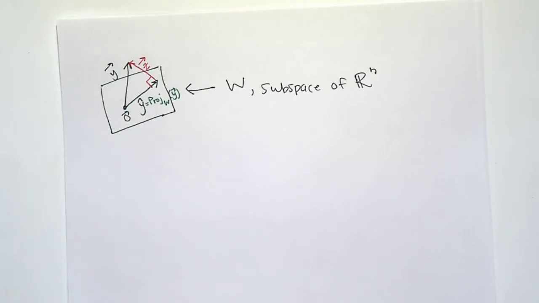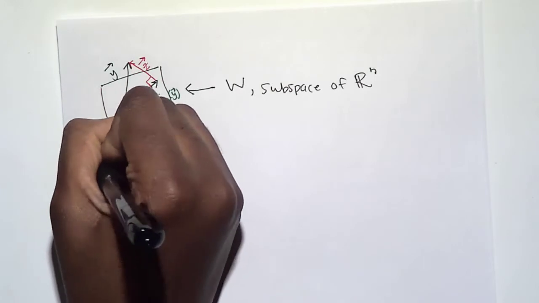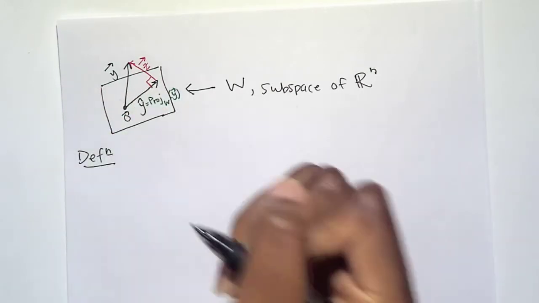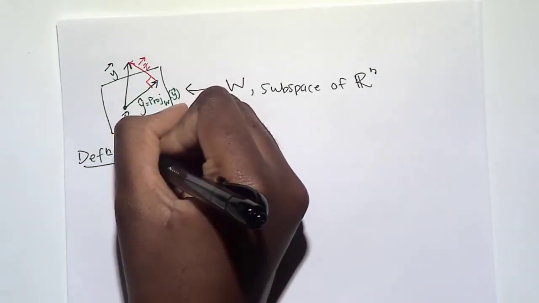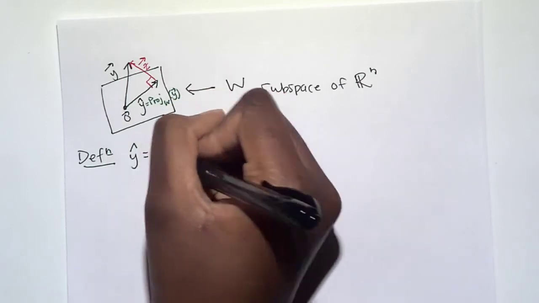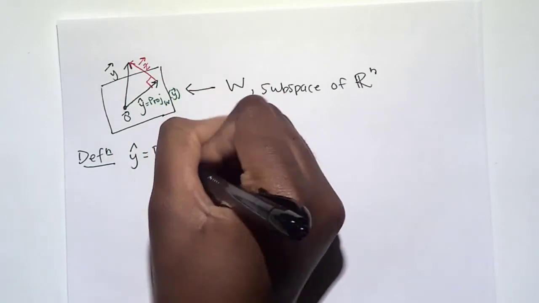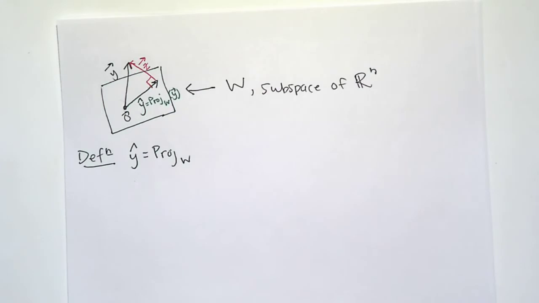So let's get the definition. All right, so y hat equals the projection onto a subspace.